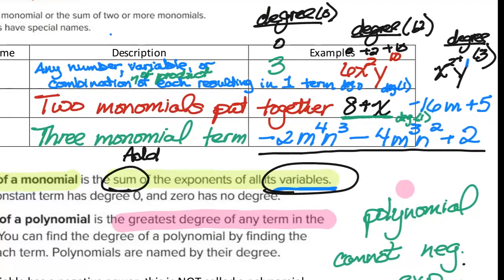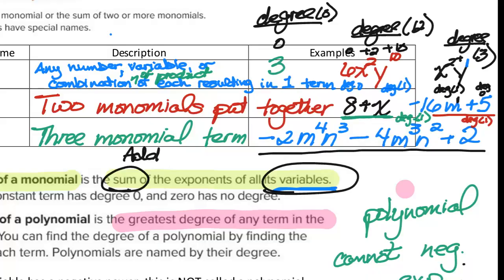And I wish I would have picked a different one here, but this monomial by itself has a degree of 1, and this has a degree of 0. So the highest one would be, for the whole polynomial, a degree of 1.